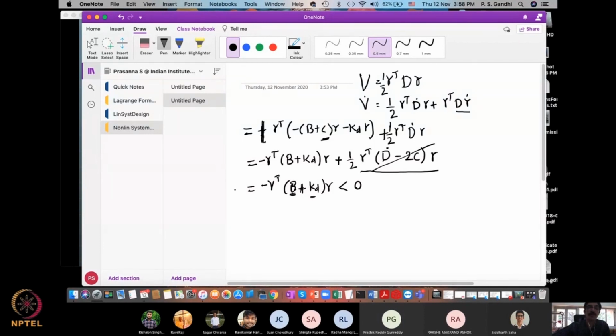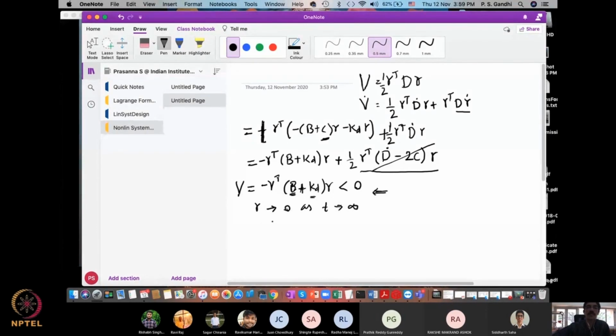By the Lyapunov theorem, I can drive this r to go to 0 as t tends to infinity, asymptotic stability for r, because I have represented the system in terms of r only so far. So the r equals 0 equilibrium will have asymptotic stability based on this proof. You can see through the details of the statement of the theorem that this will follow. So r will tend to 0 as t tends to infinity.